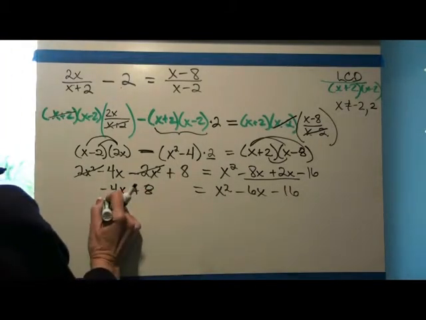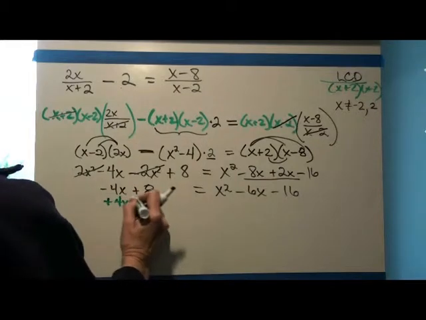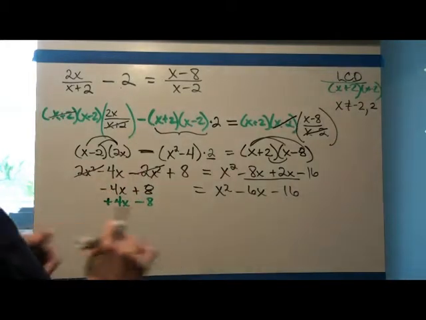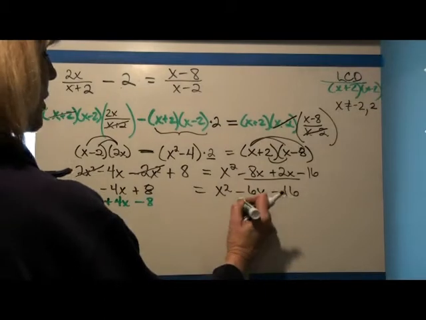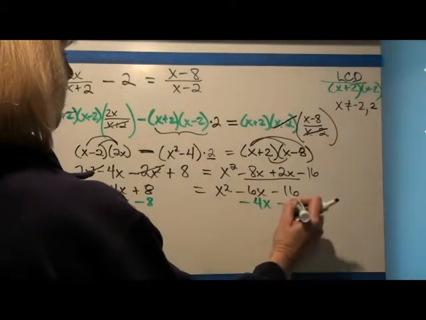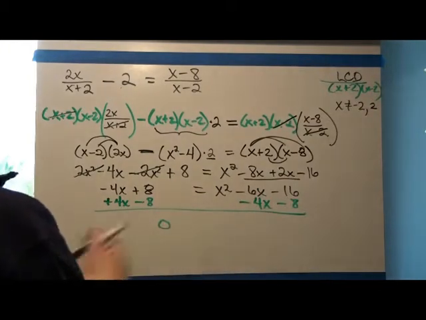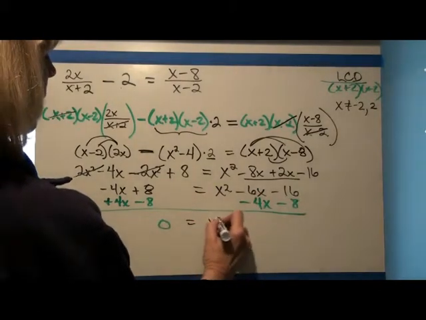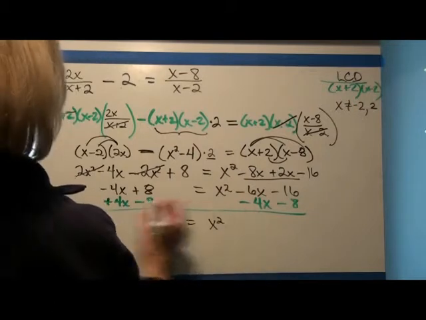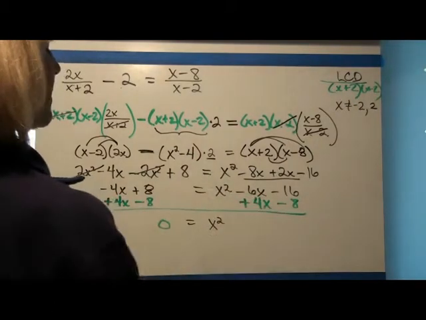Now to do that, we're actually going to just try to cancel this whole side out. So we have that 0 we need. That's a plus. That's a plus.